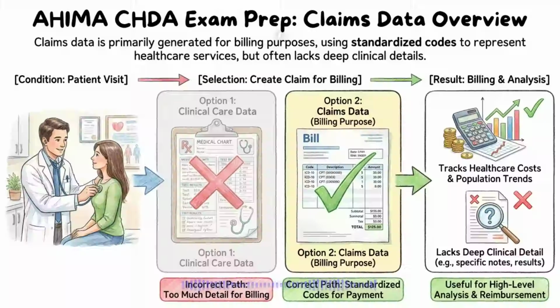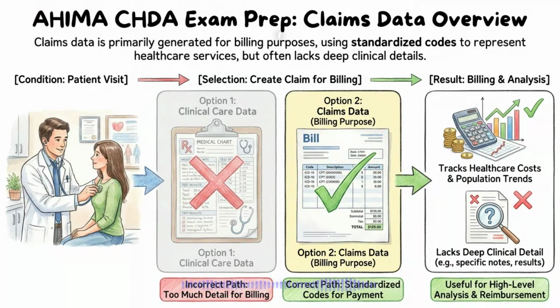Another massive source of healthcare information comes from claims data, which is primarily created for billing purposes rather than clinical care. Every time a patient visits a doctor or has a procedure, a bill is generated and sent to an insurance company, and this formal bill is called a claim.